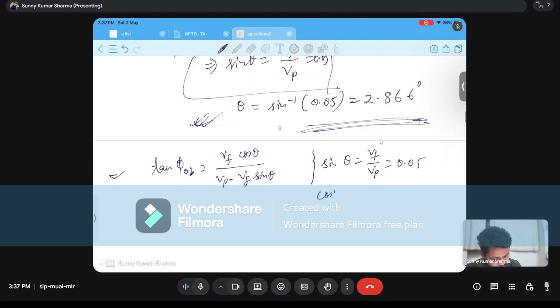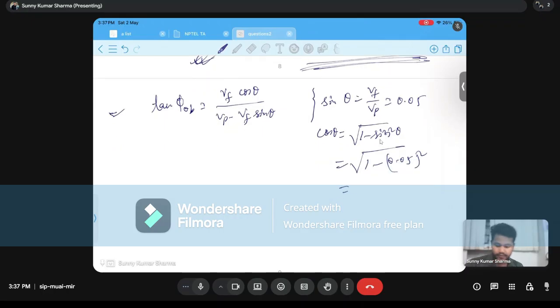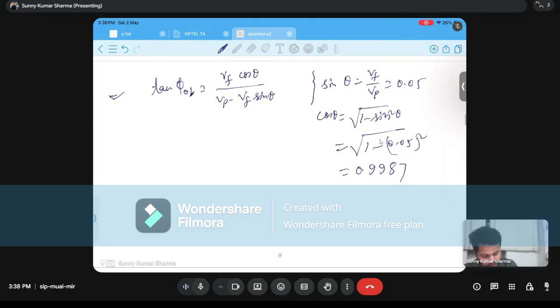And cos theta is root under 1 minus sin square theta, so it will become root under 1 minus 0.05 square, which is approximately 0.9987. So sin theta is 0.05 and cos theta is 0.9987. You will put it here.